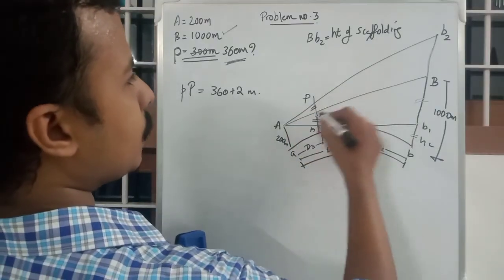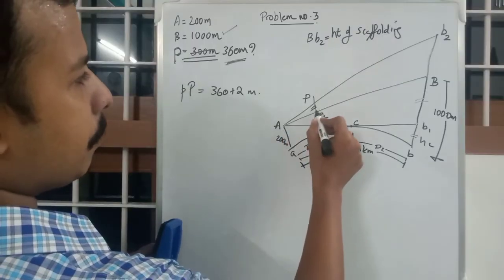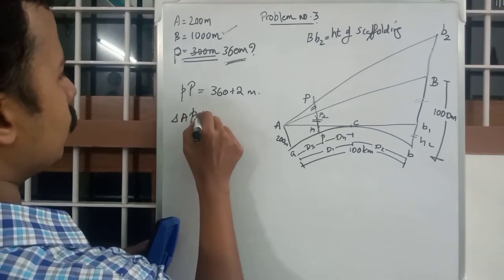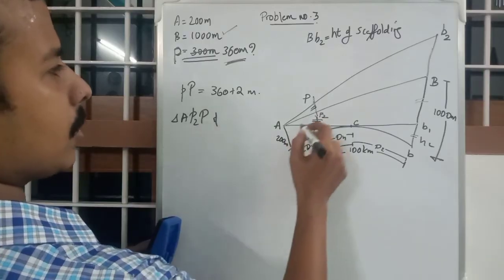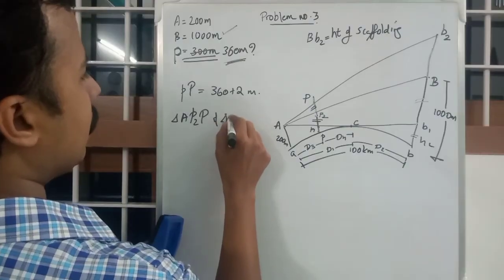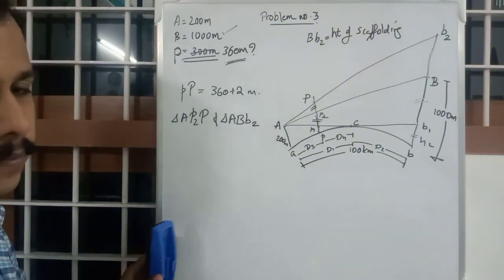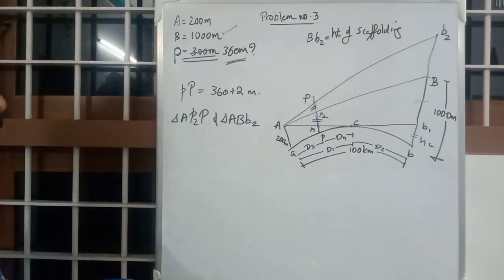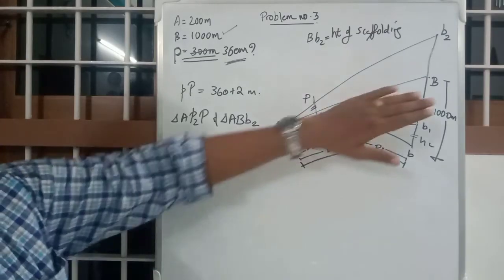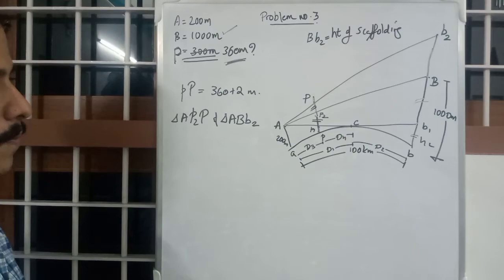Again we are taking two similar triangles: triangle AP2 capital P, and the bigger one, triangle A capital B B2. Ignore the bottom one, just take the top two triangles.